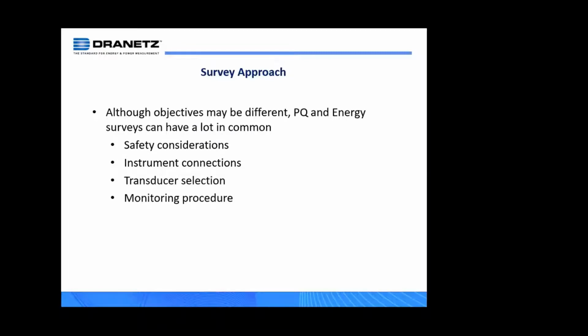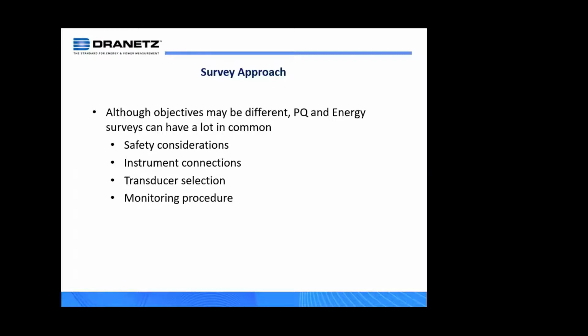So all of the above is actually the right answer, because you have to think of the different approaches as safety considerations, instrument connections, transducer selection, and I will underline transducer selection, because a lot of times you may have an example of not having the right transducer selection.